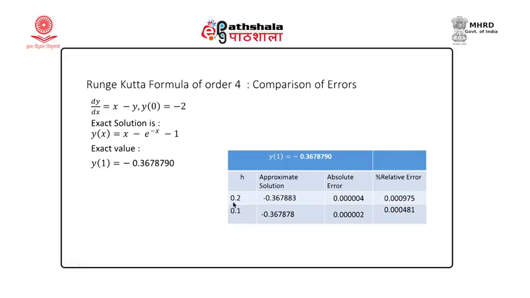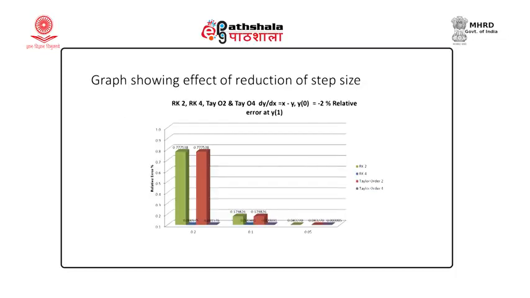Only 2 steps, 0.2 and 0.1, we have taken, and practically we can say that there is almost no error up to 6 decimal places, the estimate is correct up to 6 decimal places. So, order h raised to 4 is much more stable and gives quite good results as compared to Runge-Kutta method of order 2. So, this is the chart you compare, it compares 4 methods.